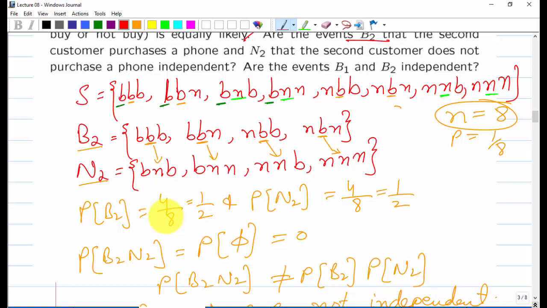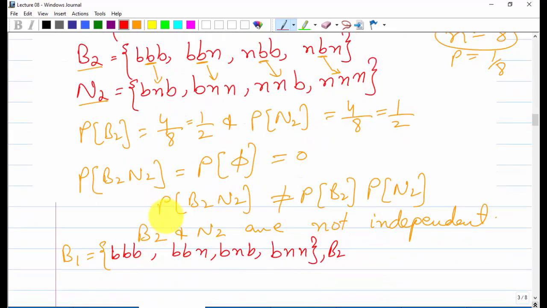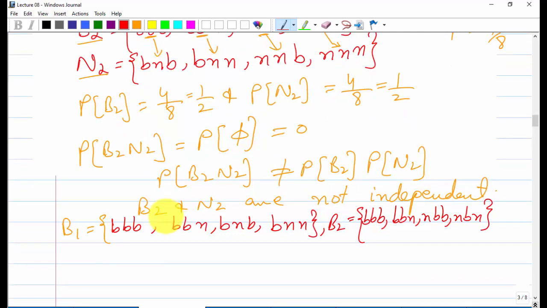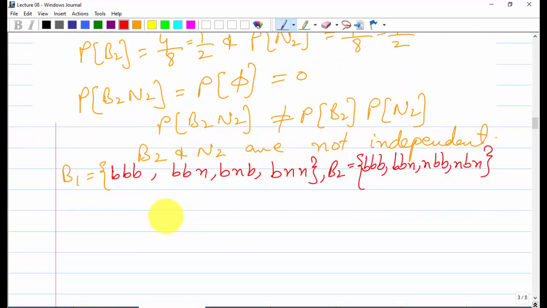Similarly we can write for B2, the second customer buys the phone. So we have already written BBB. I will just write it again: BBN, NBB, NBN. Now again we have to check the independence.